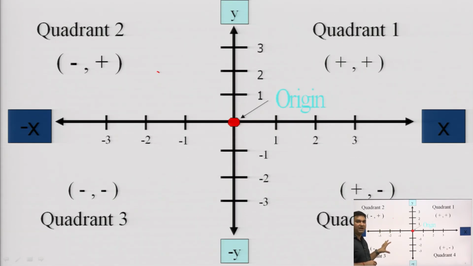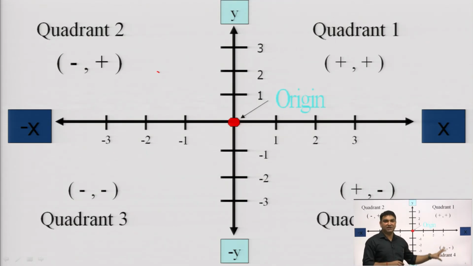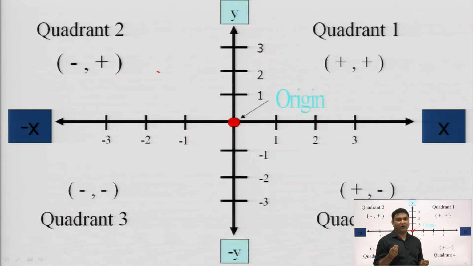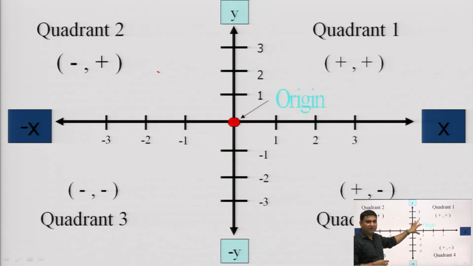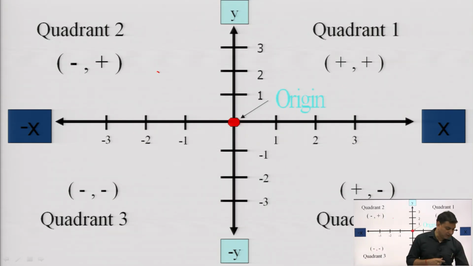Third quadrant, where x and y both are negative, and the fourth quadrant where x is positive and y is negative. So, when a number in terms of an ordered pair of x and y has to be shown in this coordinate system, we can use the number line according to these 4 quadrants.